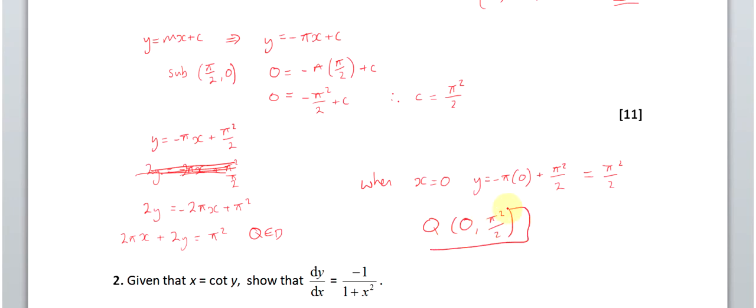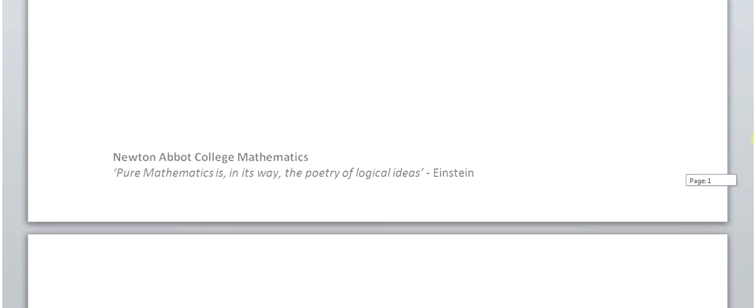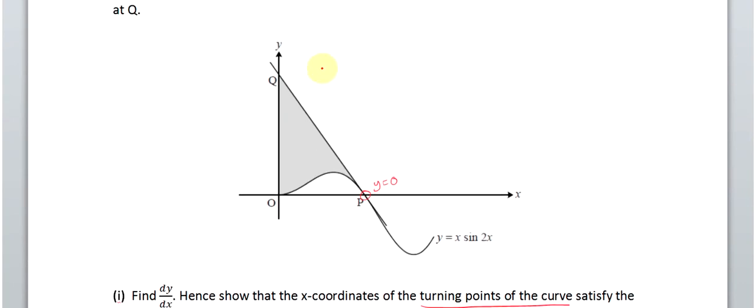And just to link that back to the graph, remember Q is in fact the other end of that tangent, so that's Q there. So I substituted x equals 0 because it's on the y-axis, and I worked out the y-coordinate.